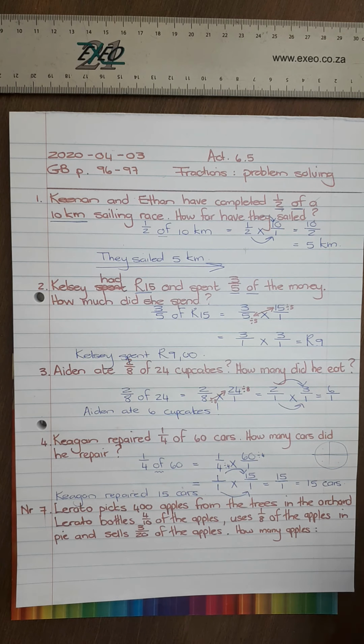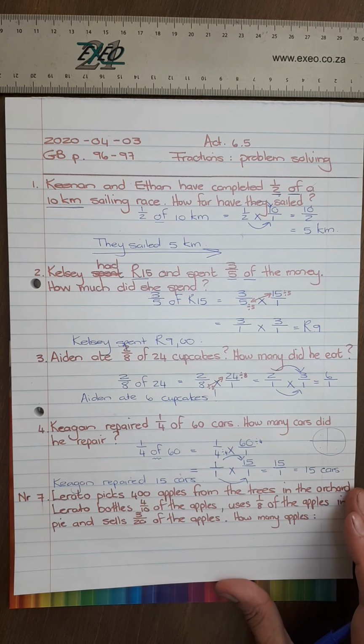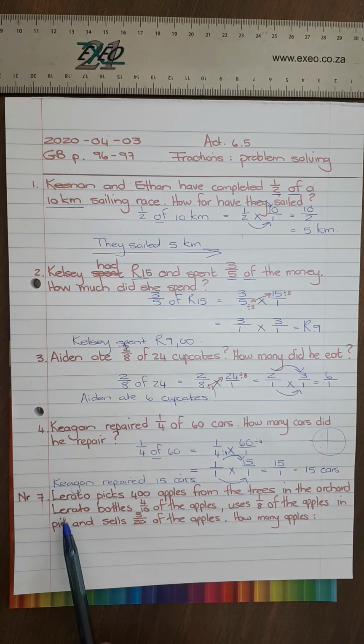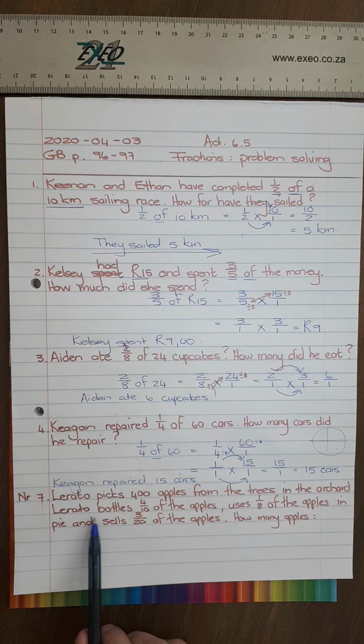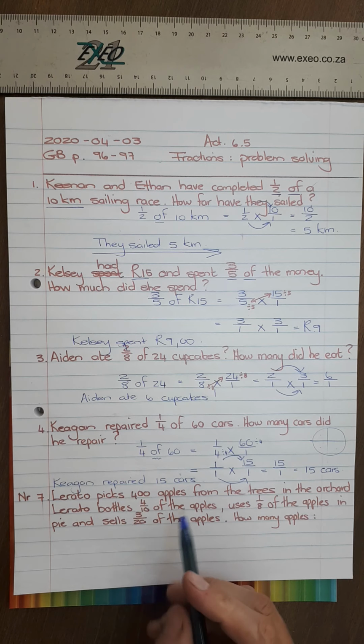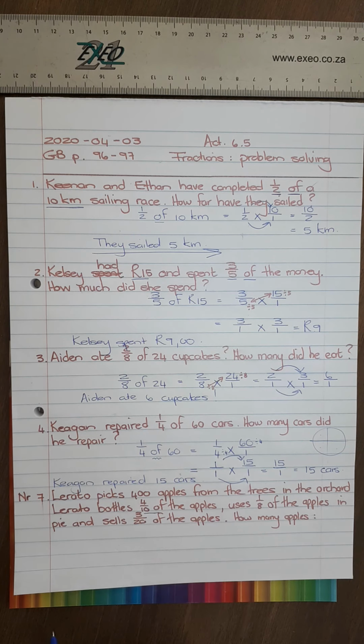Okay, next one. Now this is number 7 of activity 6.5. So I'm just helping you with this one because it's a little bit more difficult. Lerato picks 400 apples from the trees in the orchard. Lerato bottles 4/10 of the apples. Remember, I have 400 apples.